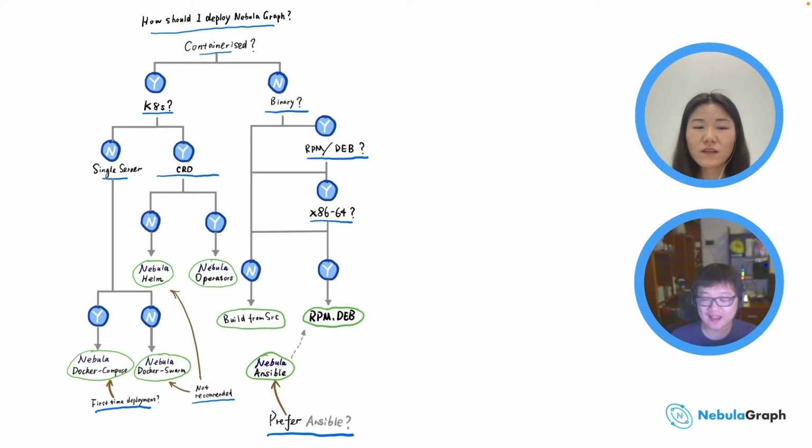I think the answer is, it depends. The general argument between containerized or not, or even Kubernetes or not, applies to Nebula here. I'm not going to talk about that, but it generally depends on your infra or ops teams.